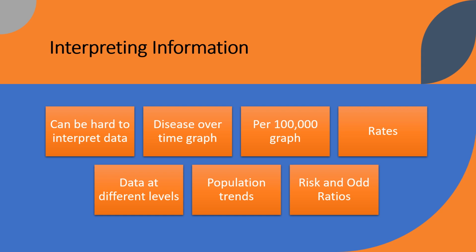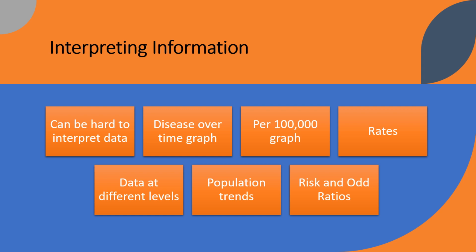When we have two different size populations, so in Ohio, we've got a county that has 14,000. We also have a county that has 89,000. If we had 5 chlamydia cases in both counties, it would be worse in the 14,000 population. That's why we use rates.